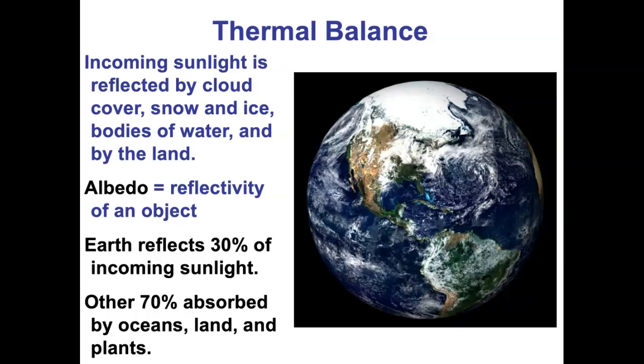And so the dark colored areas, like forests and jungles and the oceans, those dark colored areas are going to be the parts that are absorbing the light. So the albedo of the Earth is about 30%. The other 70% gets absorbed by the Earth.